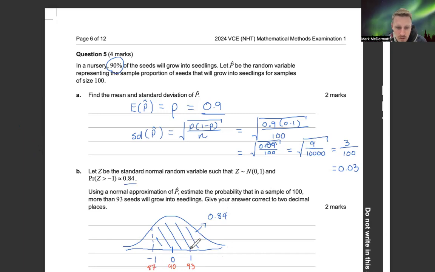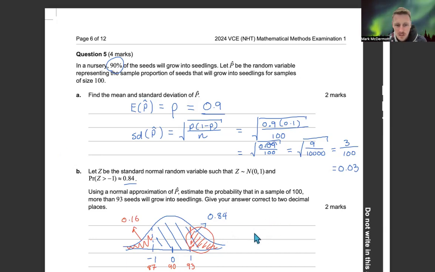So what we want is for it to be greater than 93. So that would be this area here, greater than 93, just this part. But we know that this total part is 0.84. So this part here must be symmetrical to this part. And since this part was 0.84, this part must be 0.16. So that's my answer.